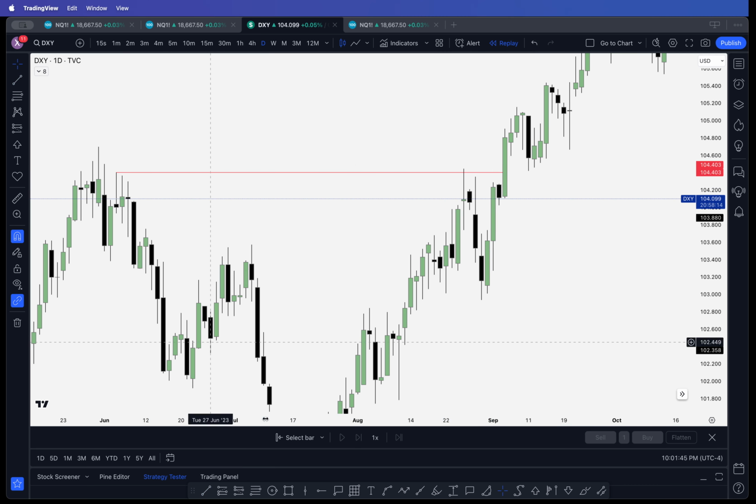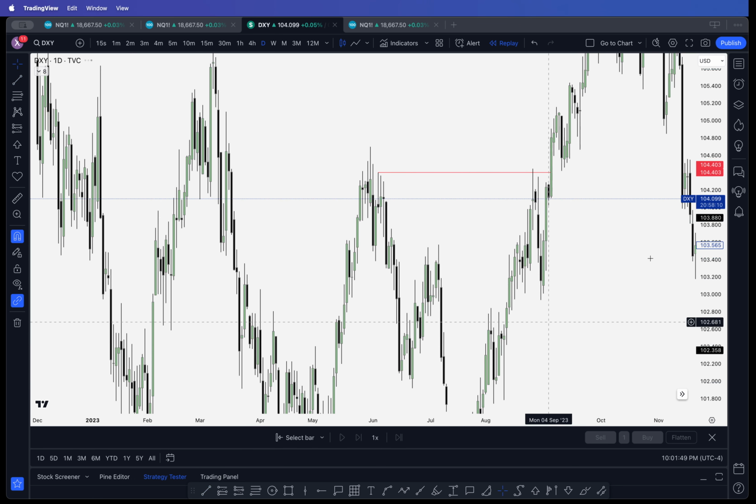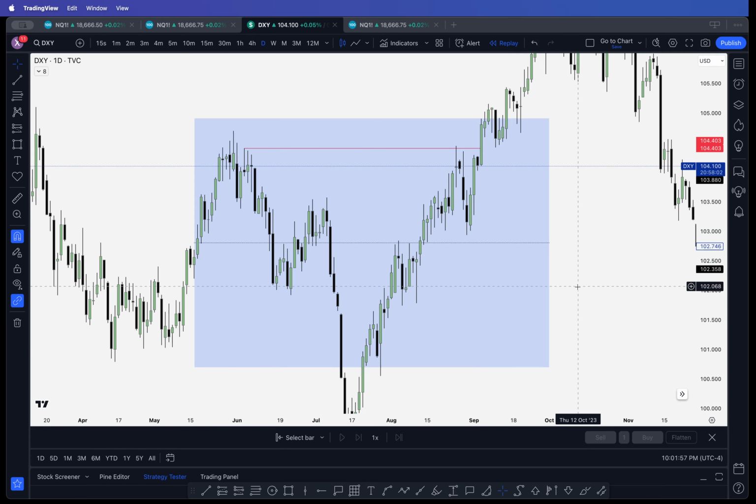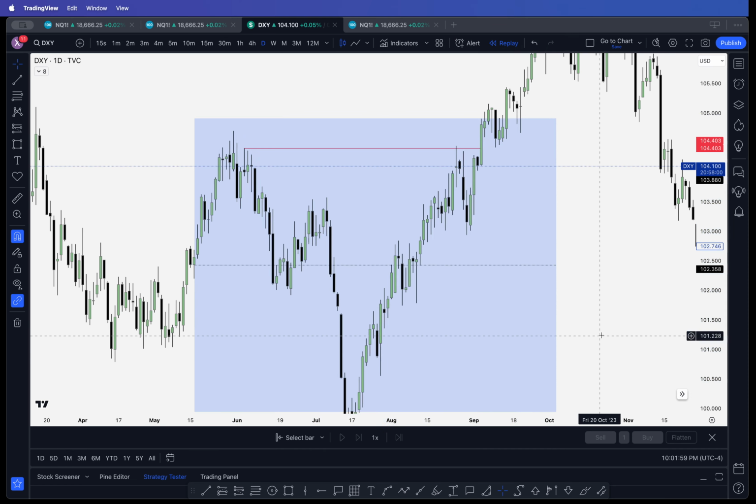Okay, we have obviously the draw on liquidity. Where's the draw on liquidity, guys, in this price leg? If I drew a box around this entire price leg, where is the draw on liquidity? Someone tell me. The high? Which one? This one? Yes. Okay.